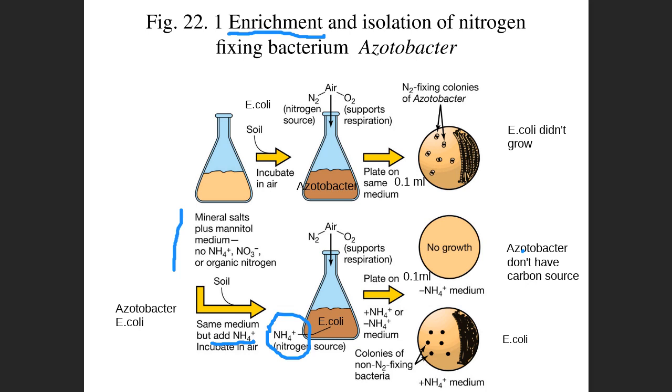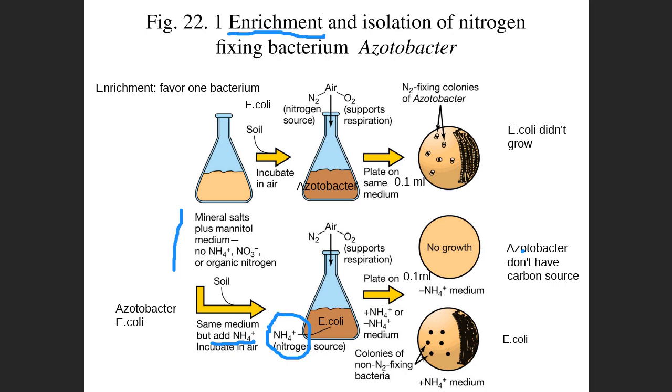Enrich is favor one bacterium, and selective media is to grow one and kill all others.